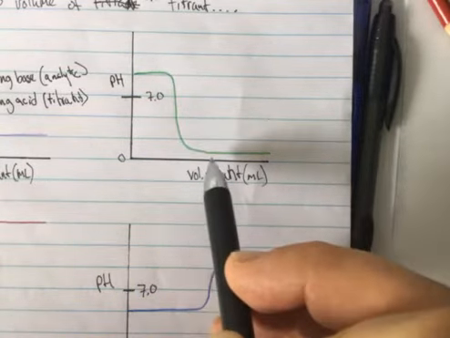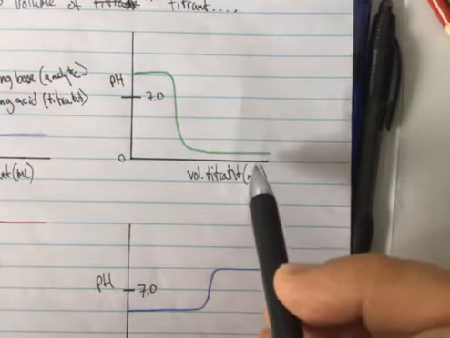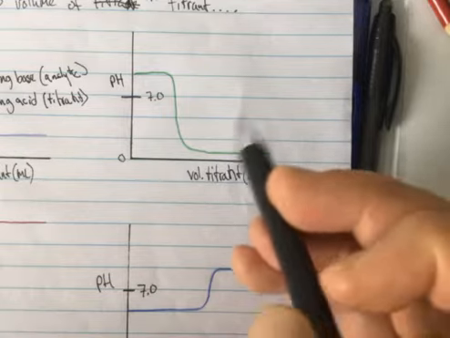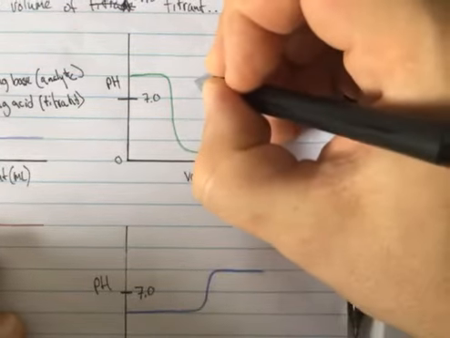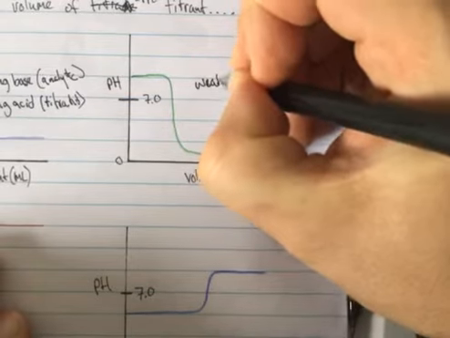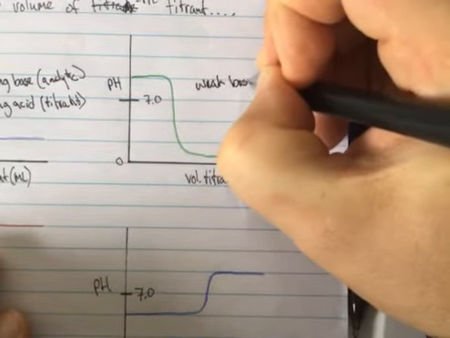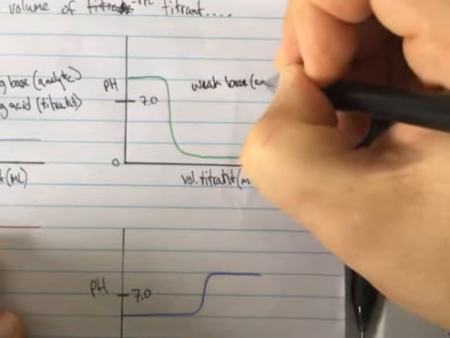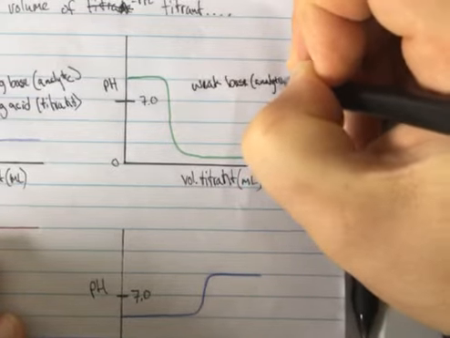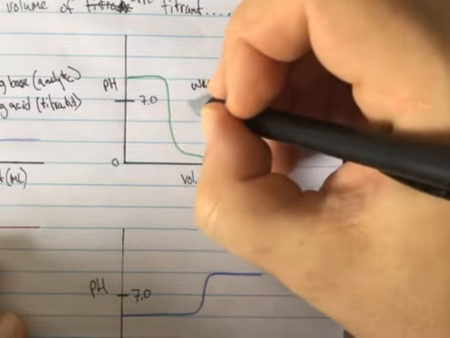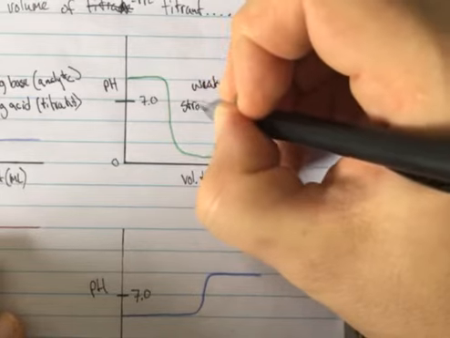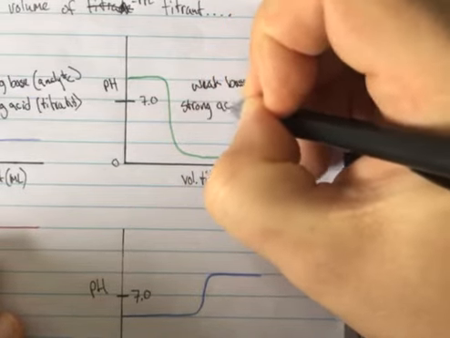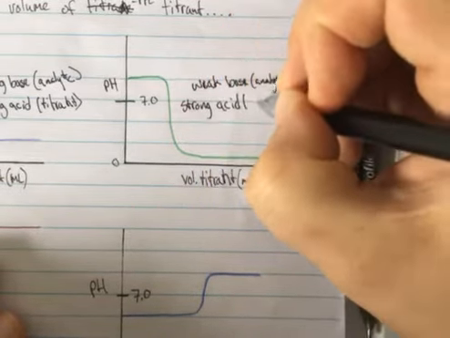We're basically bringing it down to a really low pH. So in other words, this is going to be a weak base for an analyte, and then you're going to use a strong acid for a titrant.